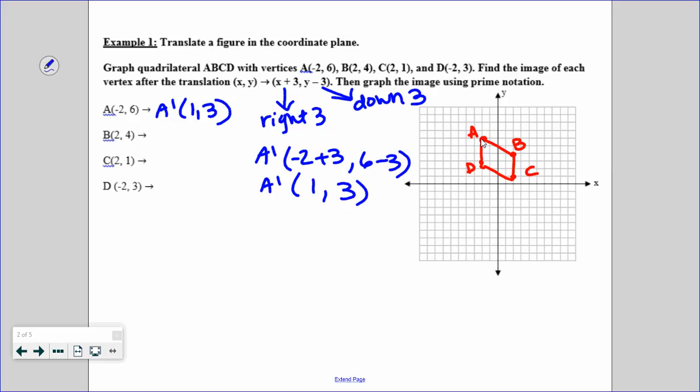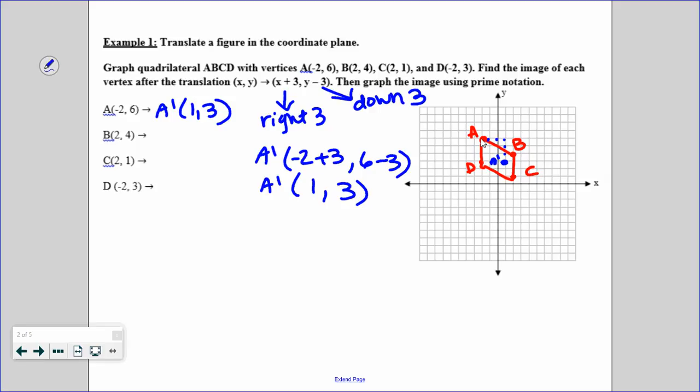So I found that by plugging in the -2 and the 6 in here for the x's and the y's. Or I could have counted from A, right 3, 1, 2, 3, and down 3, 1, 2, 3. So that's our A prime, which is (1, 3).